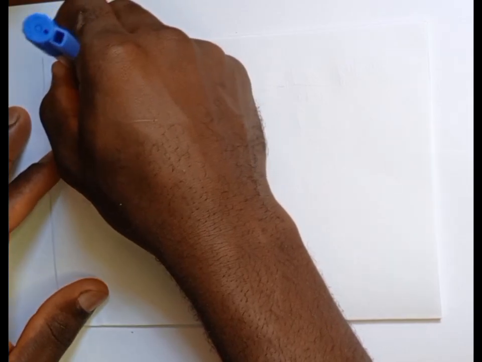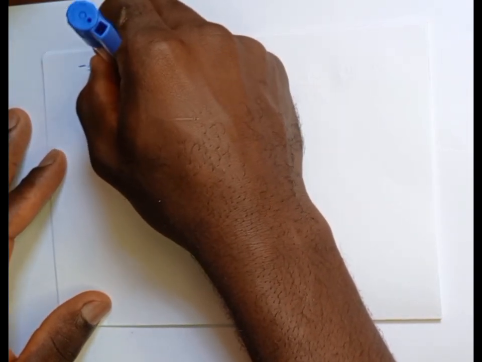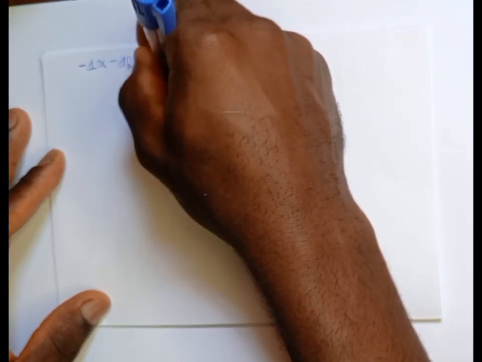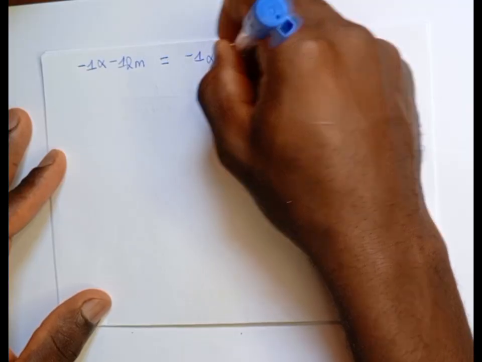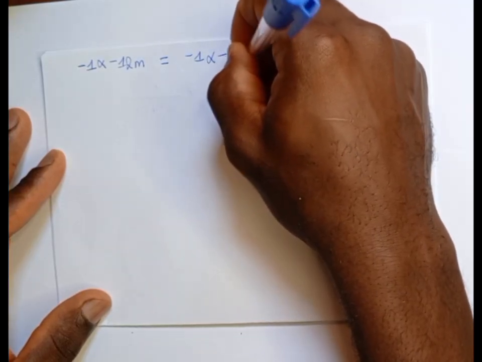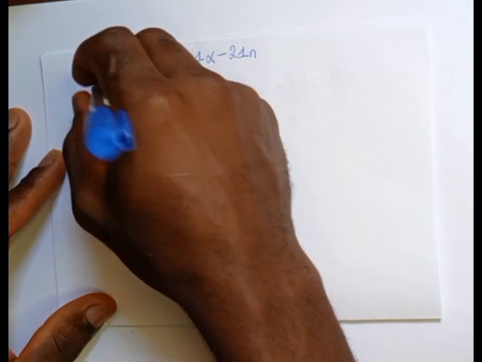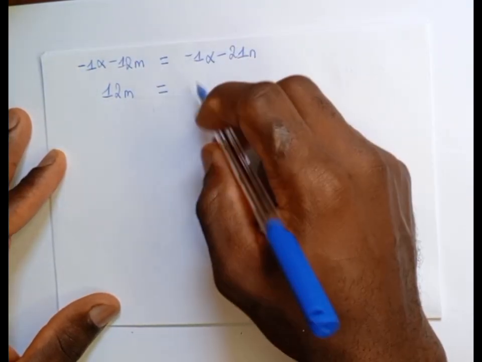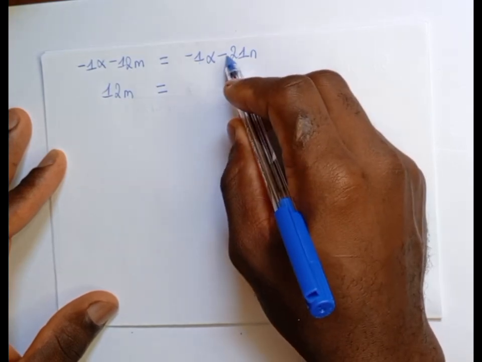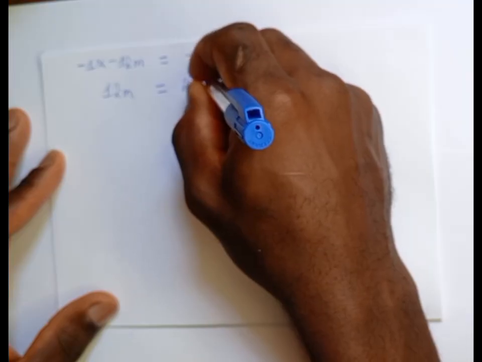Multiplying all through by negative 1, this will give us negative 1 times negative 12m is equal to negative 1 times negative 21n. Negative 1 times negative 12m gives us 12m, is equal to negative 1 times negative 21n gives us 21n.